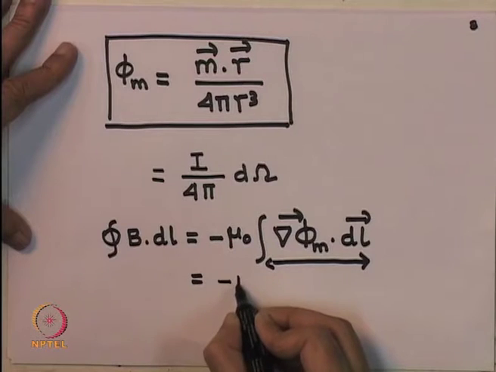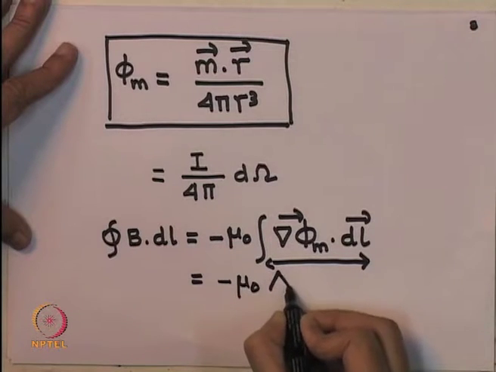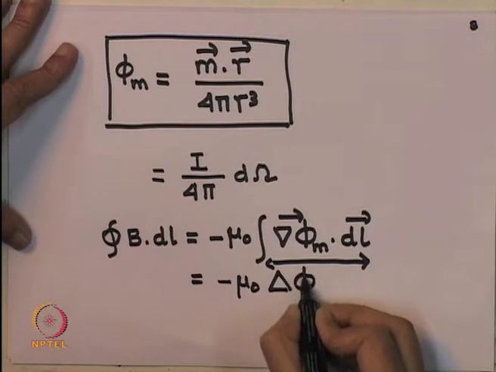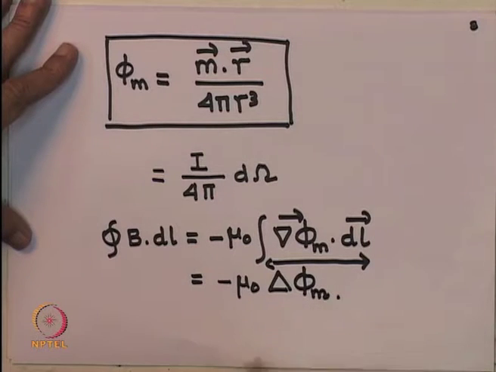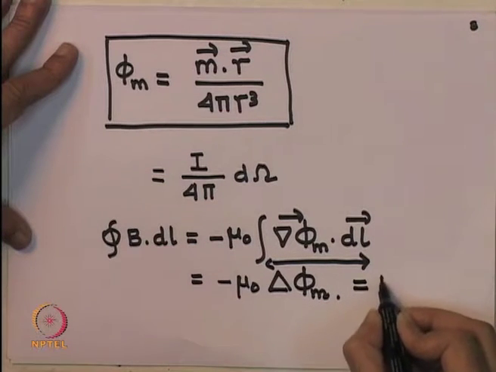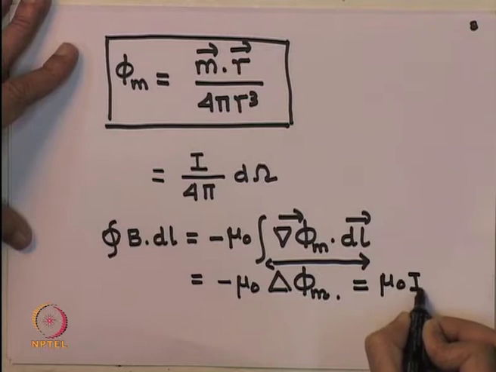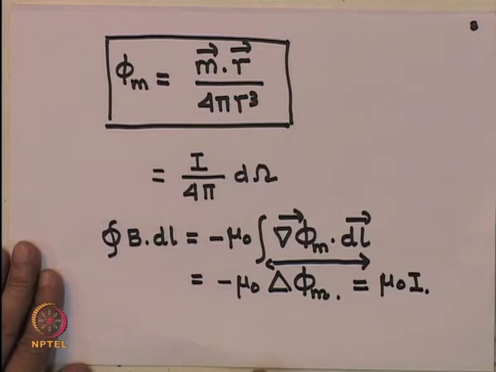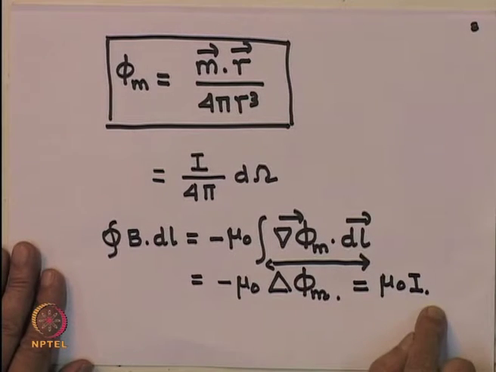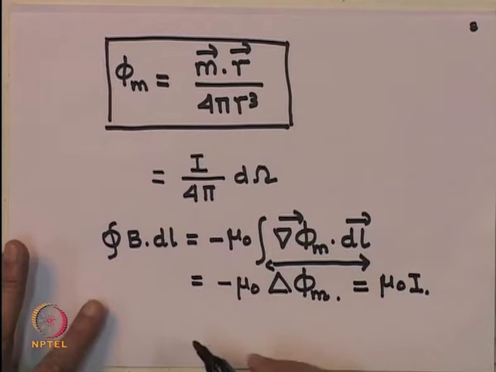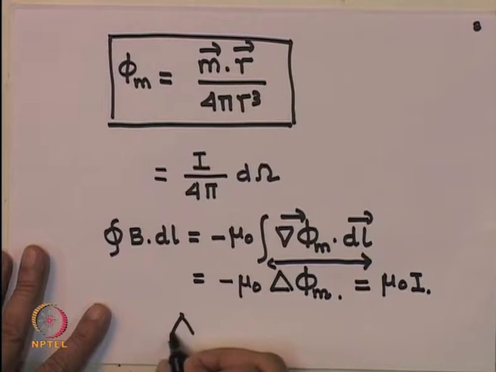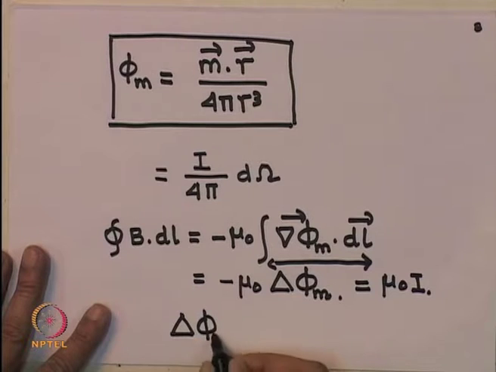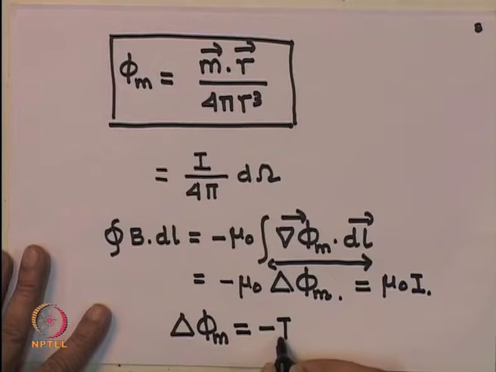So, it is minus phi 0, I will use this sign delta to show this is the amount of change, and this must be equal to mu 0 I, if this is intersecting a current loop. So, therefore, the discontinuity delta phi m is going to be simply given by minus I.